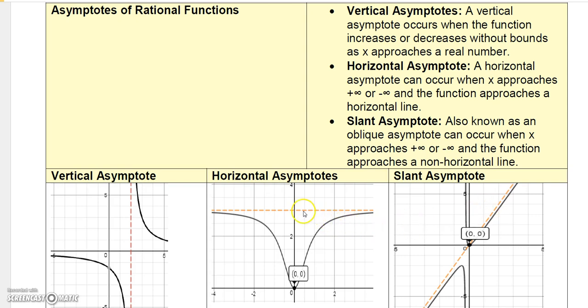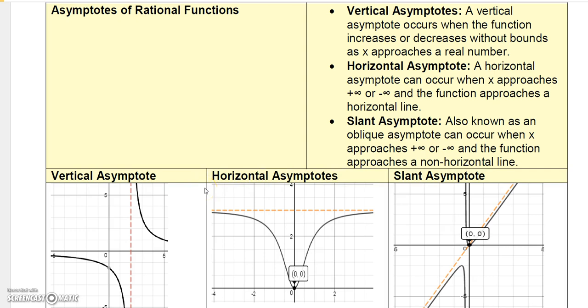So if x approaches infinity and the graph levels out, then you get a horizontal asymptote. And if as x approaches infinity, the graph approaches a slanted line, then you get a slant asymptote. And of course, it's possible that x approaches infinity or negative infinity and you don't get either one of these, but we'll talk about that later.